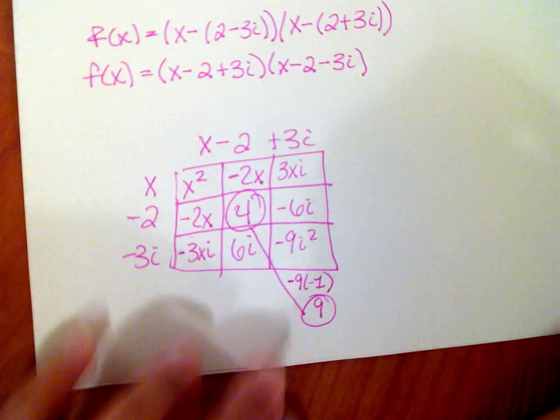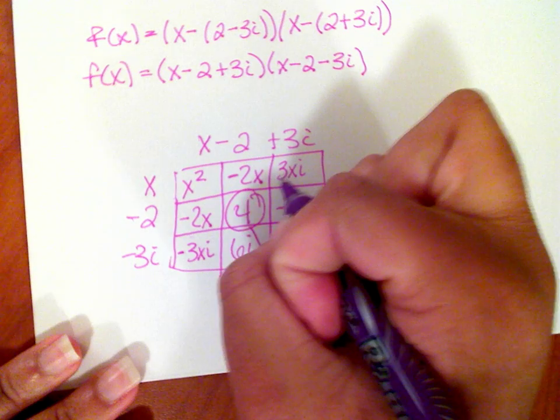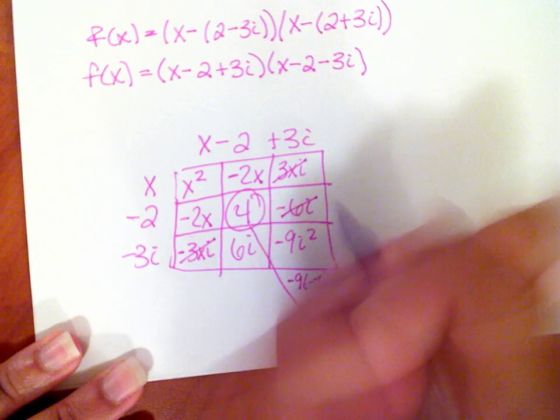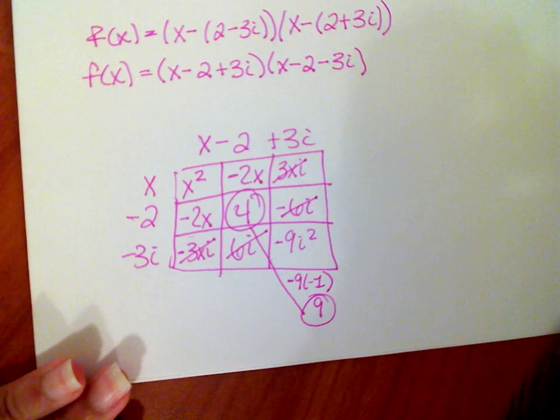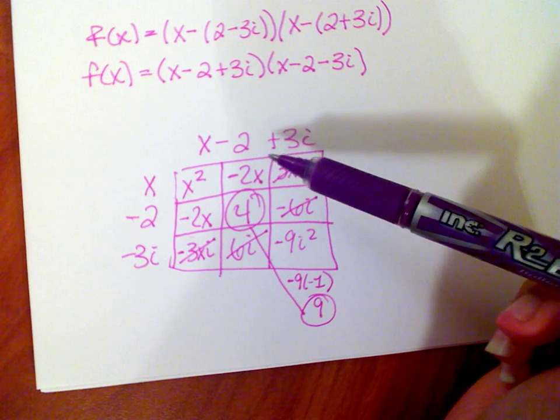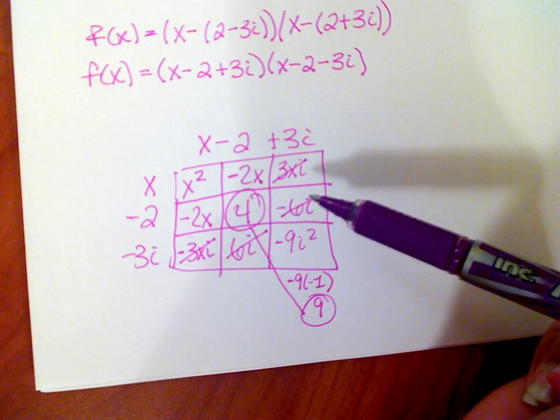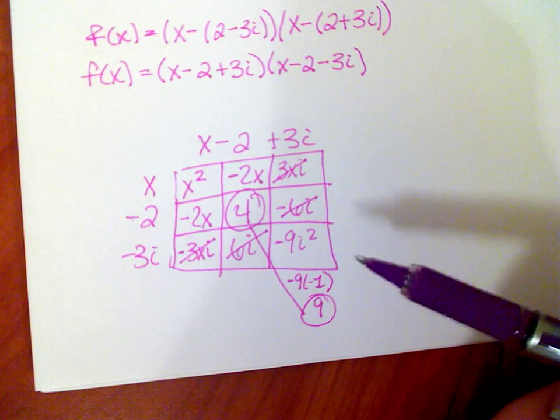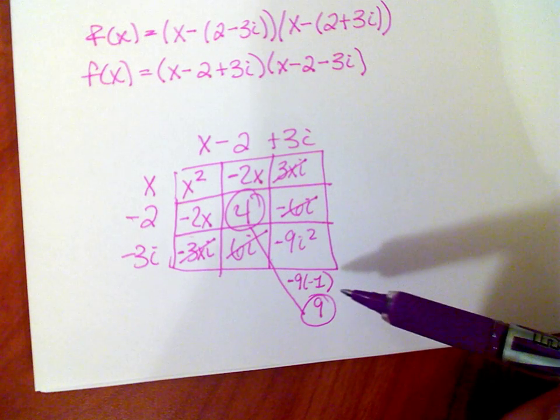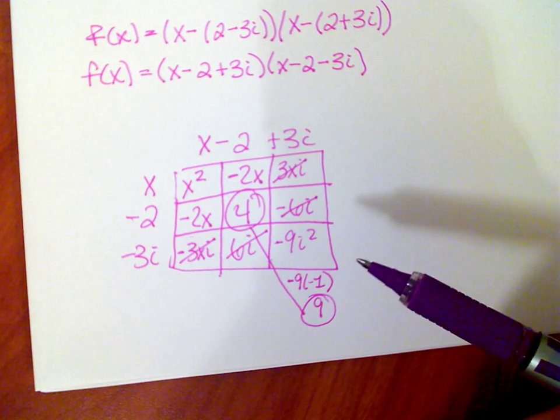Do any terms cancel? We have a 3xi and a negative 3xi, and a negative 6i and a positive 6i. When you multiply the complex root times its conjugate root, your i terms will always cancel, and then you'll end up with an i squared term that will become a real number.